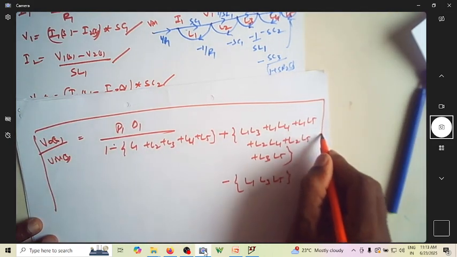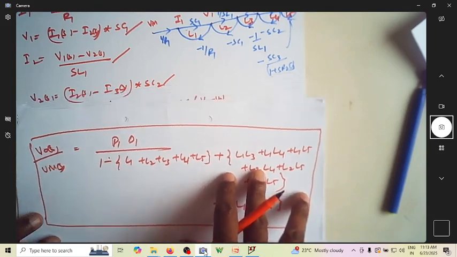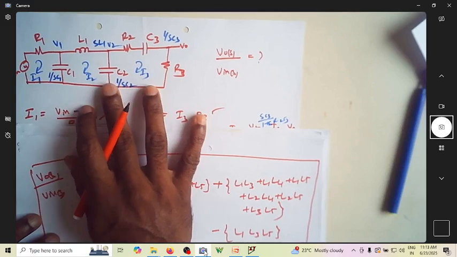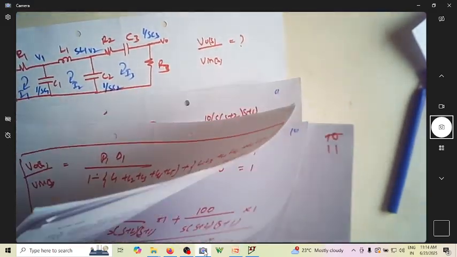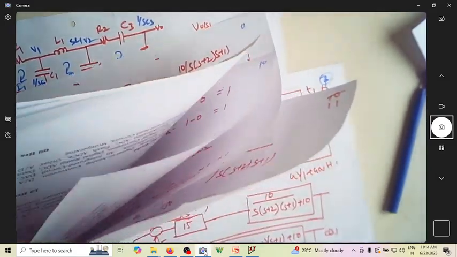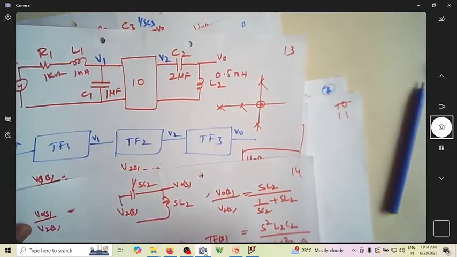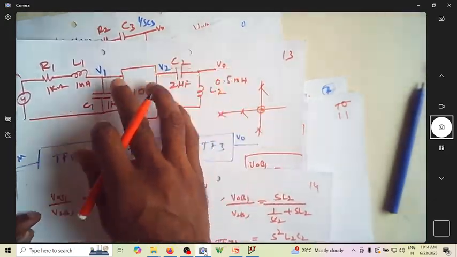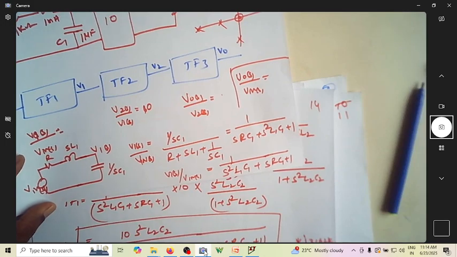Of course, usually in the examination, you may not be asked to find the pole positions of such a complicated circuit, but you may be asked to find the pole positions of a simpler circuit as discussed in the previous case. This is also a bit involved, but again, it's easy to find the pole positions. You can see where the poles are.